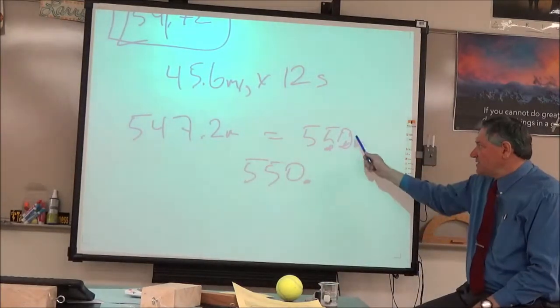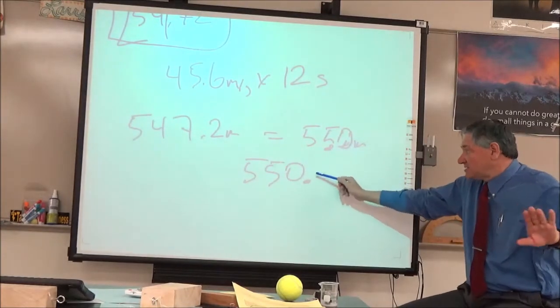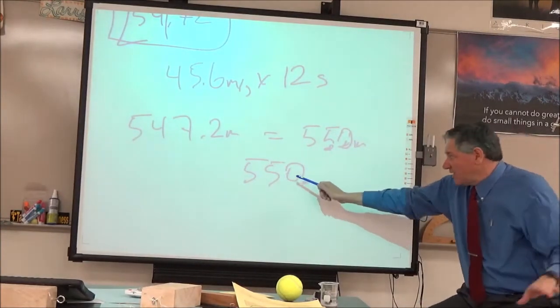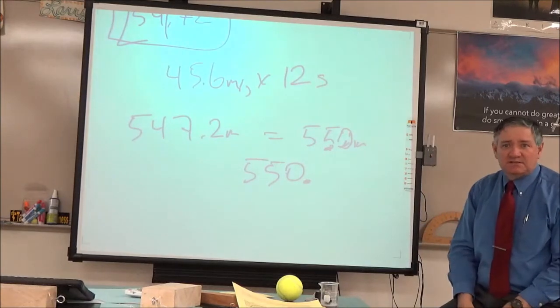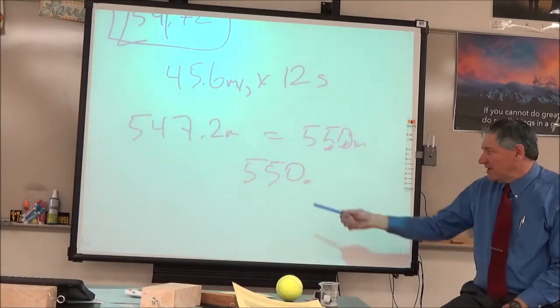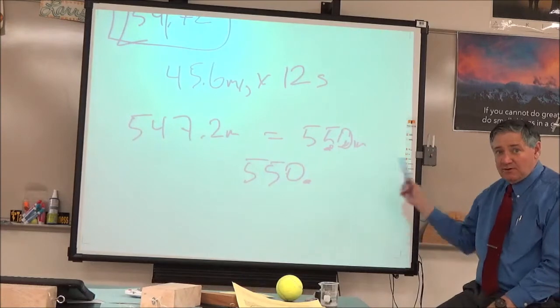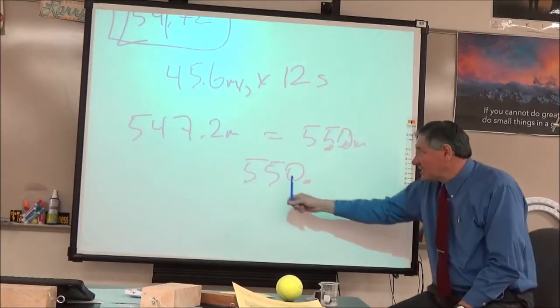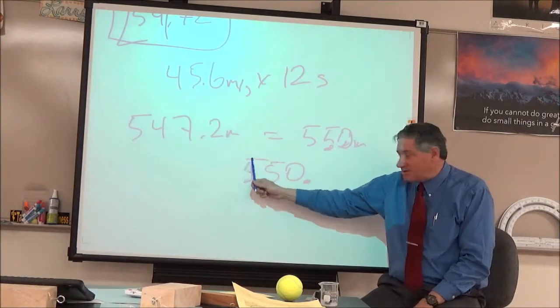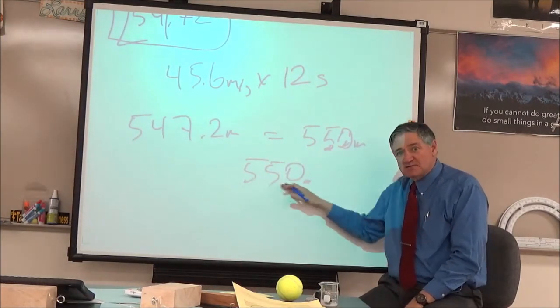Do these 2 numbers, 550 without a decimal place and 550 with a decimal place, have the same number of significant digits? If there's a decimal place, which direction do you count? Right. Find the first non-zero digit. This would have 1, 2, 3. This has 3 significant digits.